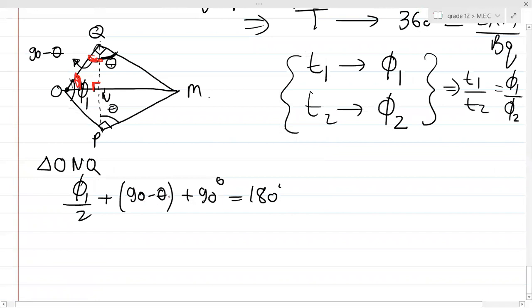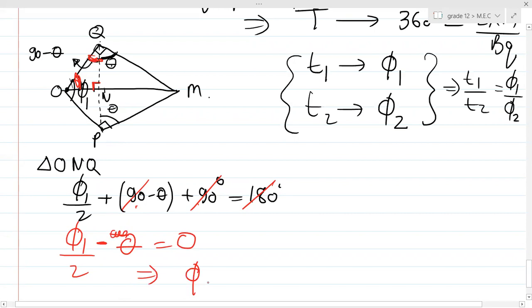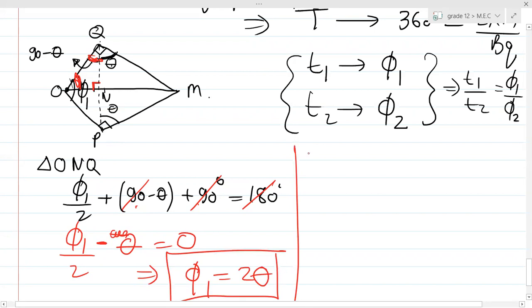So from here, can you see 90 plus 90 gets cancelled with the 180, and phi 1 by 2 minus theta is equal to 0. From here, phi 1 will be equal to 2 theta. So this will be the answer in the first case.